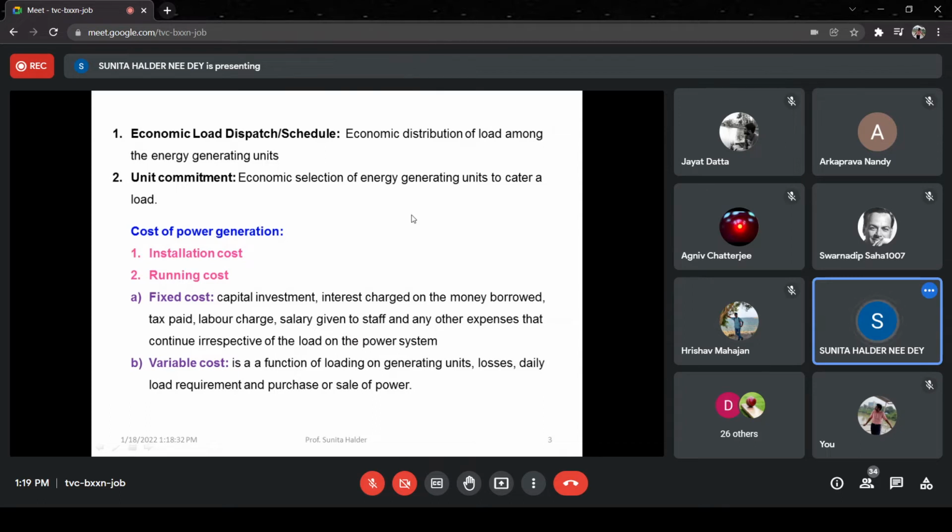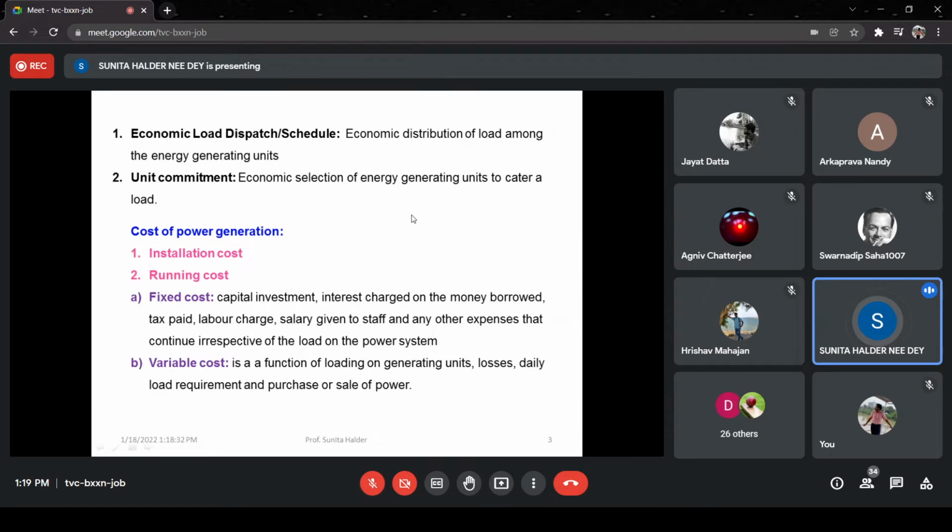will actually have two parts. One part is fixed, that does not depend on how much generation is happening. It is required to pay whatever be the generation. That is capital investment cost, due to capital investment or interest or depreciation on the installation cost, along with salary, wages or taxes, all those. Now, what is the variable cost?